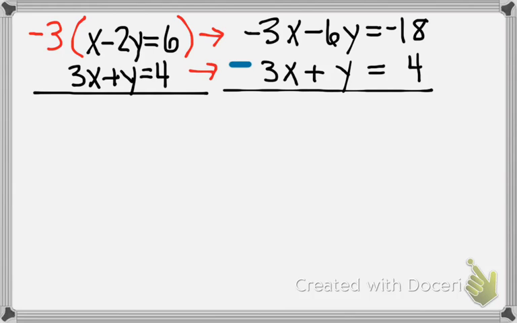I'm going to add these two equations. Negative 3x plus 3x will cancel out. I've eliminated the x's. Negative 6y plus y is negative 5y.